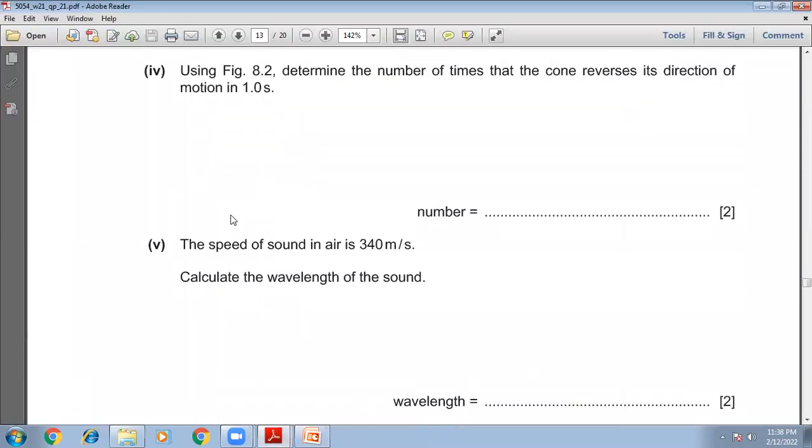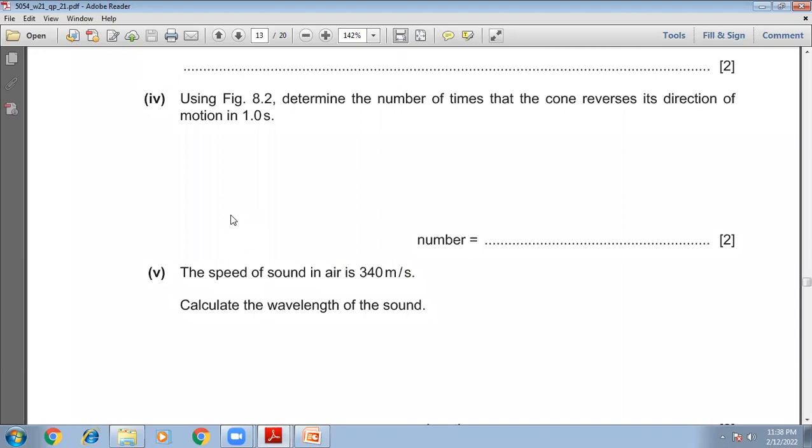He says, using figure 8.2, determine the number of times that the cone reverses its direction of motion in 1 second. You see, in one complete cycle, the cone will change its direction 2 times. In one complete vibration, the direction of the motion of the cone will be changed 2 times.